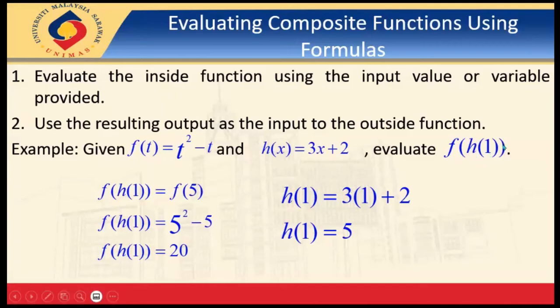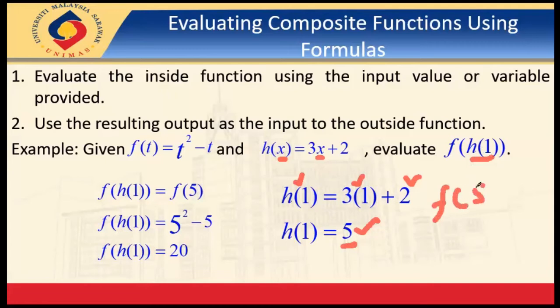So h of 1: put 1 here, so 3 times 1 plus 2. 3 times 1 is 3, and plus 2 equals 5. So the 5 is the output of h of 1, and it will become the input to f of x.